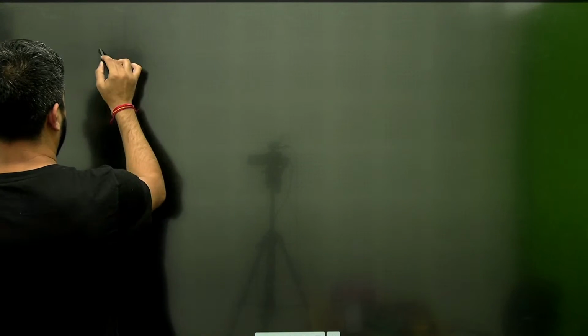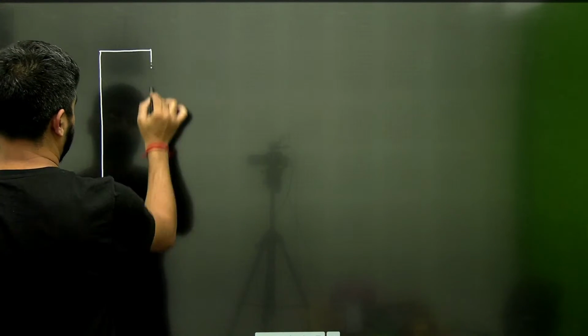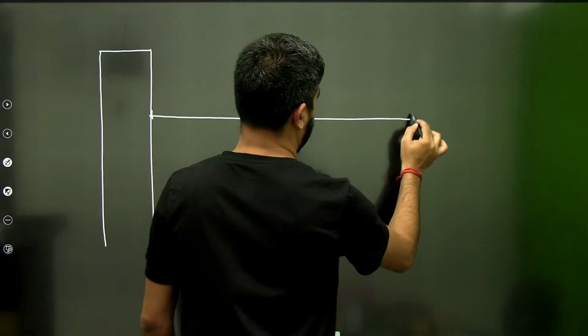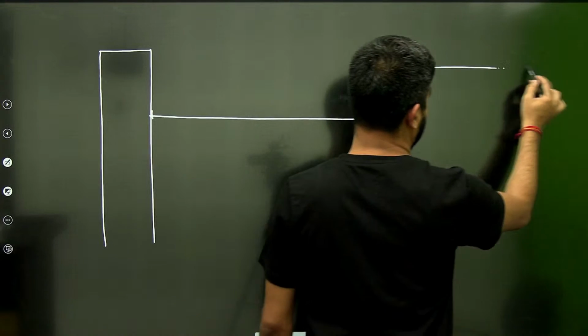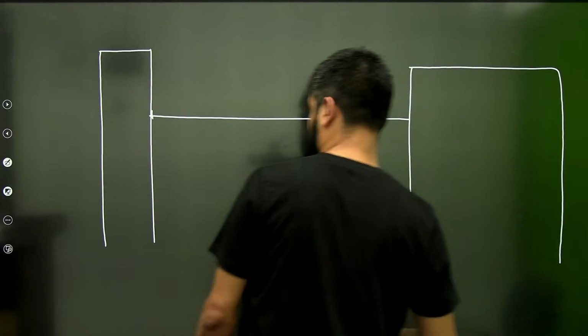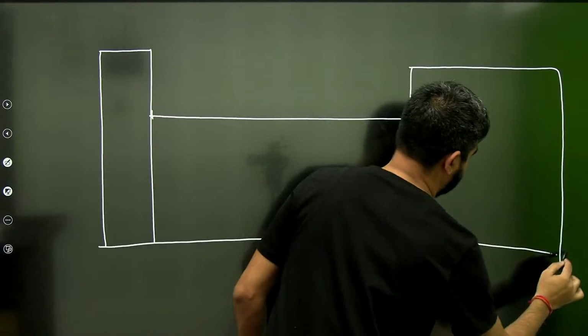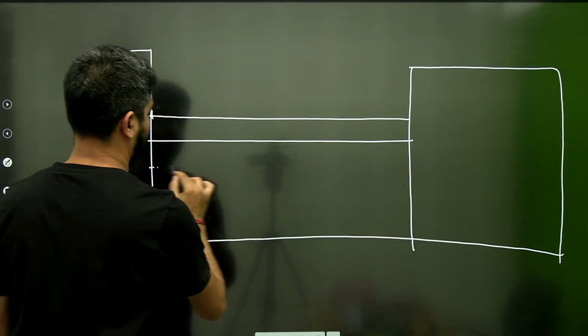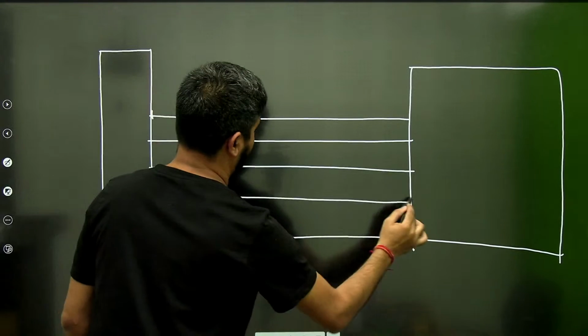Okay, let me make it again. Right. So we have 3D, 4D, 5D and 6D.